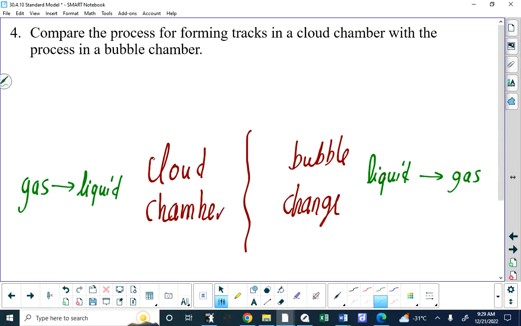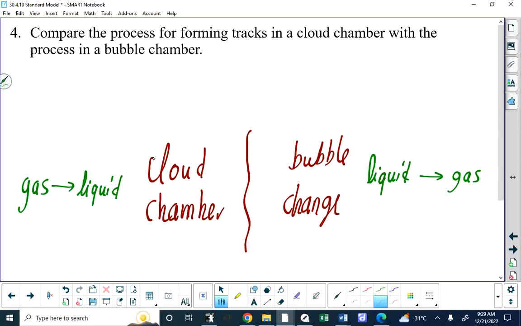And the bubble chamber has a superheated liquid. The cloud chamber has a supercooled gas. When I say supercooled gas, I don't mean it's ice cold necessarily, although you usually use dry ice to cool the gas down enough.